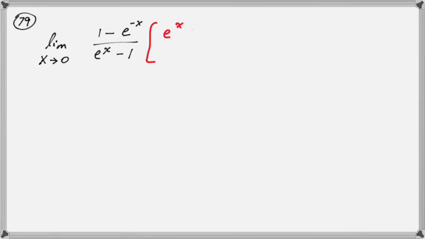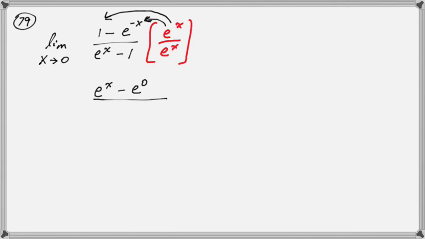I might do this, multiply by a fancy form of 1. When I multiply e to the x times 1, it becomes e to the x. When I multiply here, you add exponents. Do you agree? Negative x plus x is 0. And what is e to the 0? 1.